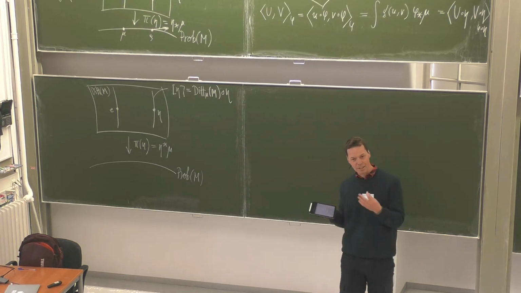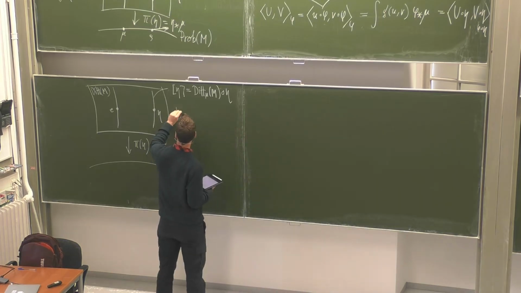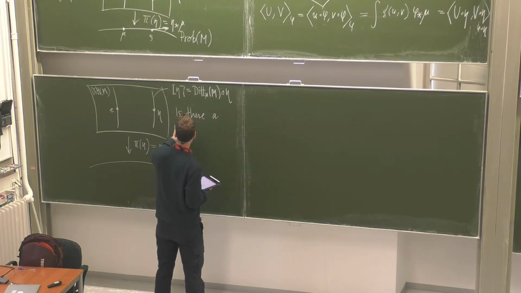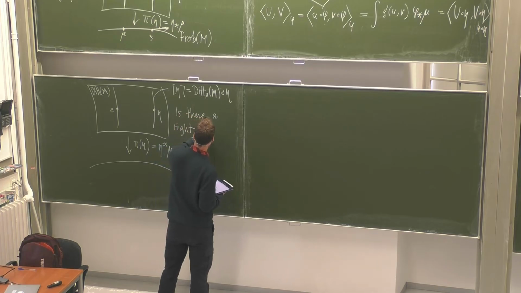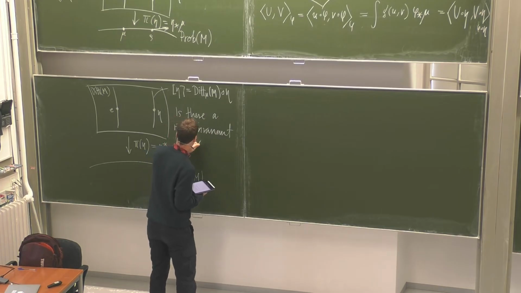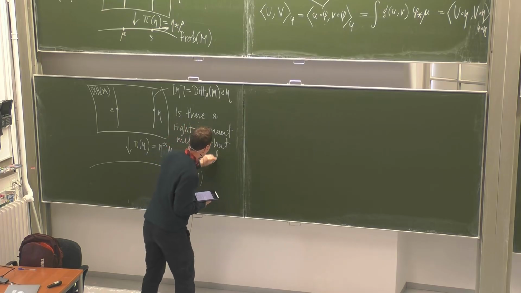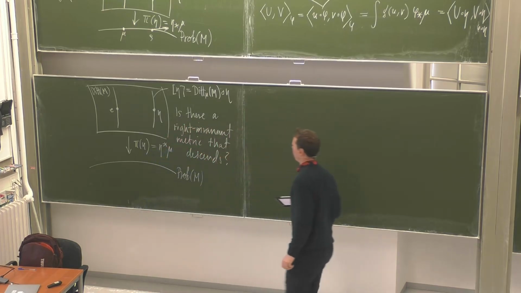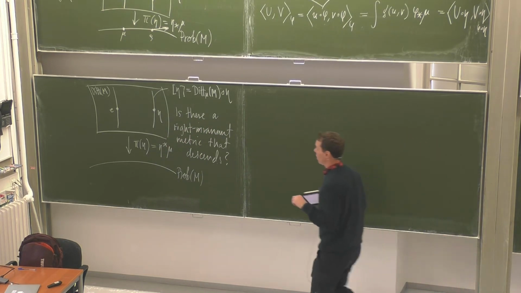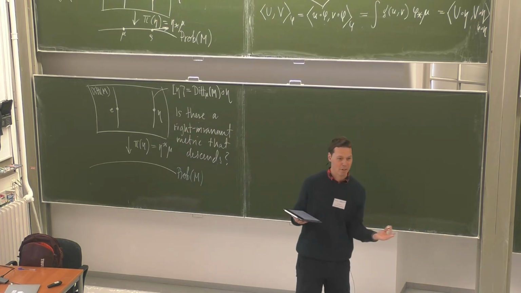So the question is: is there a right invariant Riemannian metric that descends? It's not obvious. And if there is such a metric, in addition to these right invariant properties, it needs to have some sort of left invariance.